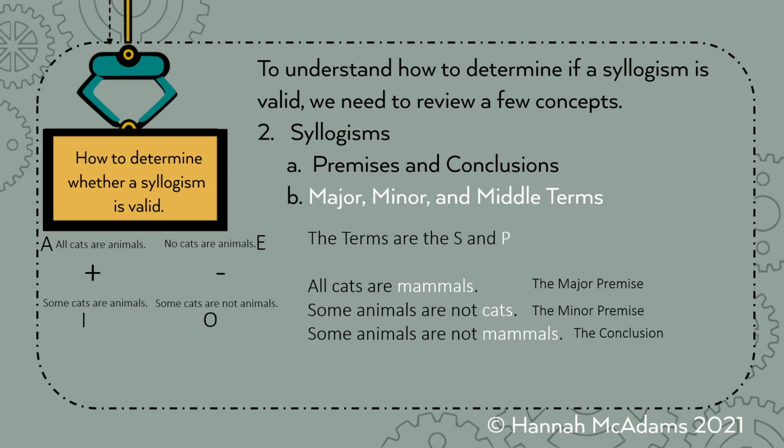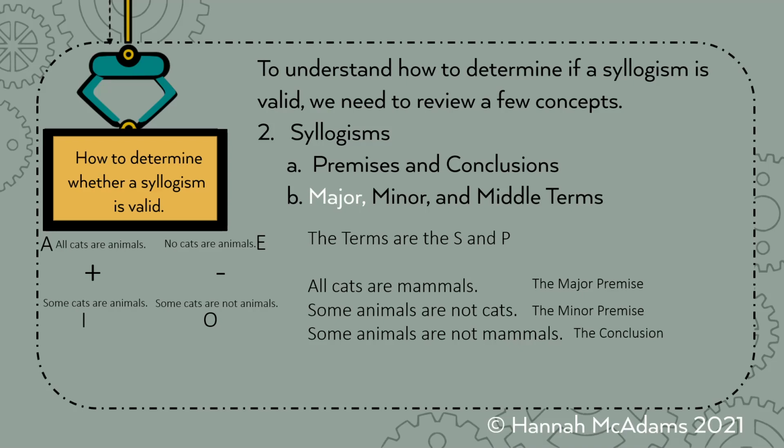It may not be true, but it's allowed when we are creating these syllogisms. But for this format, let's stick with this. All cats are mammals. Some animals are not cats. Some animals are not mammals. So our P words are mammals, cats, and mammals.